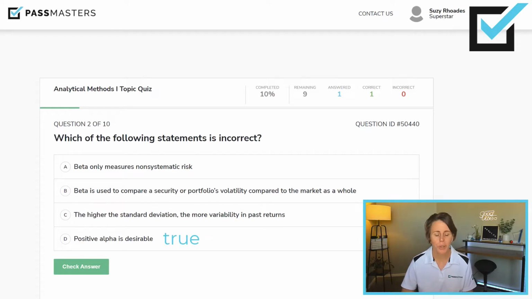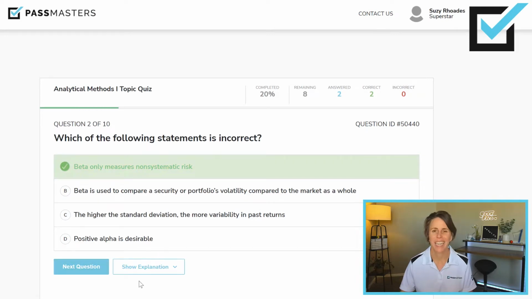That is true. That means that the first one, beta only measures non-systematic risk, is incorrect. In fact, beta only measures systematic risk, the risk of the market as a whole. It is standard deviation that measures both systematic and non-systematic risk.